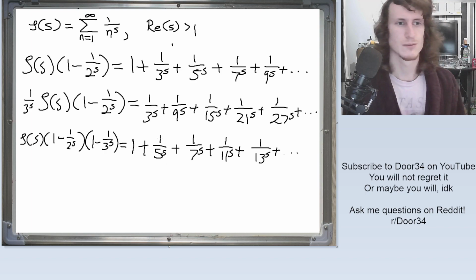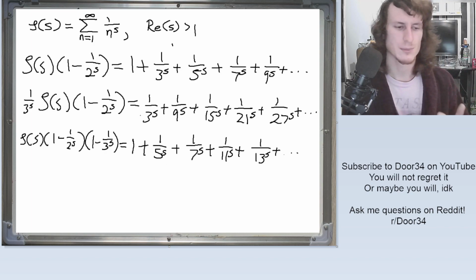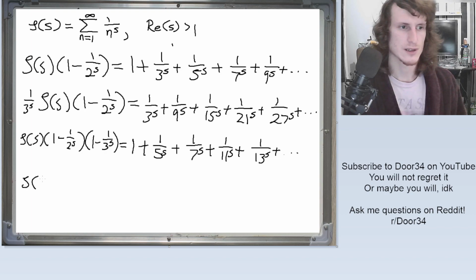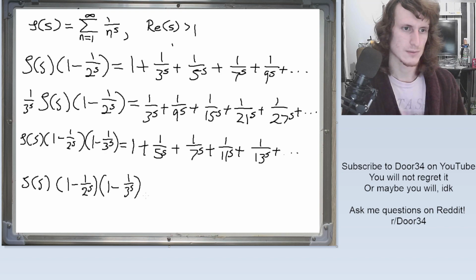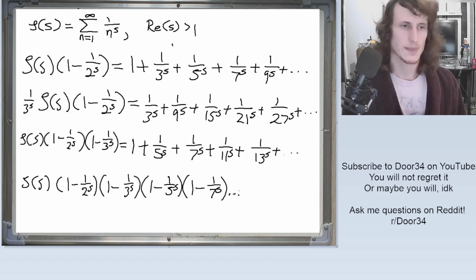And what you'll notice is that if you keep on repeating this process for all prime numbers, then everything's going to end up cancelling, and you're just going to be left with 1 on the right hand side. So that is to say that zeta of S times 1 minus 1 over 2 to the S times 1 minus 1 over 3 to the S times 1 minus 1 over 5 to the S, and why not, I'll write in one more, and this entire product is just going to equal 1.